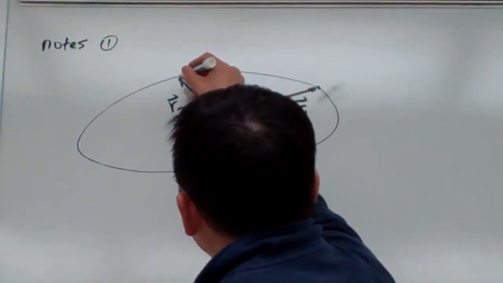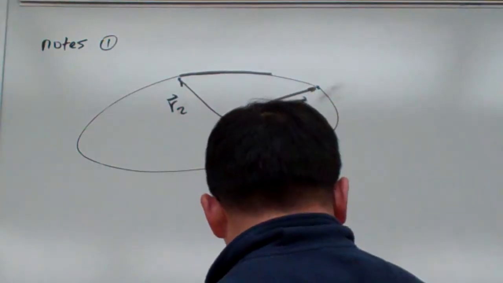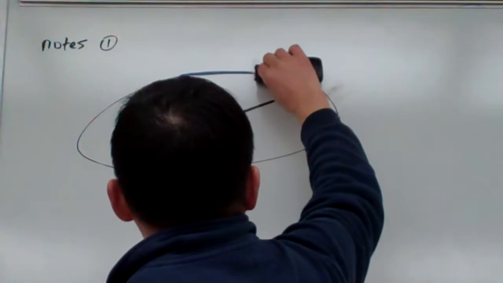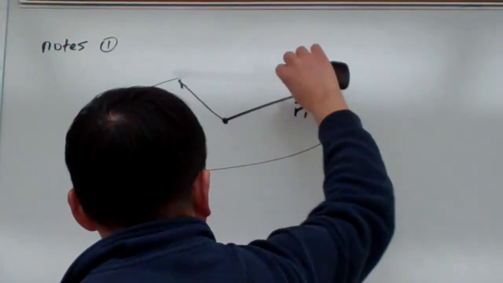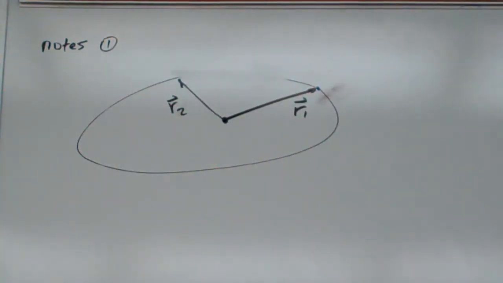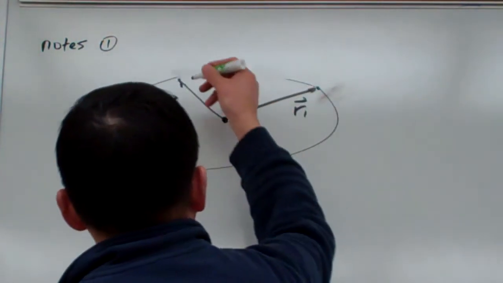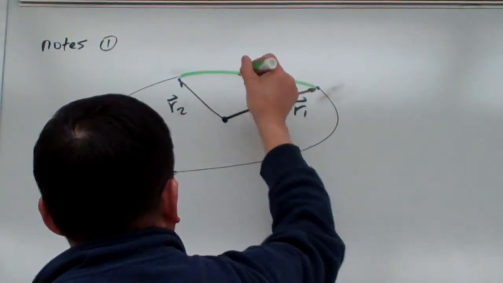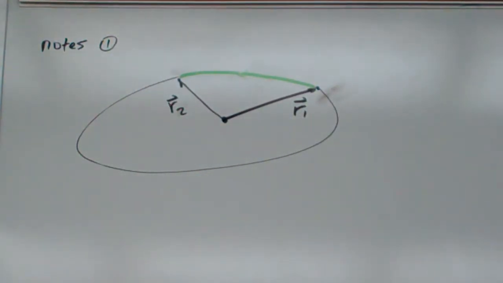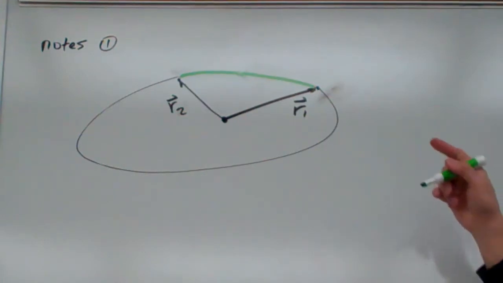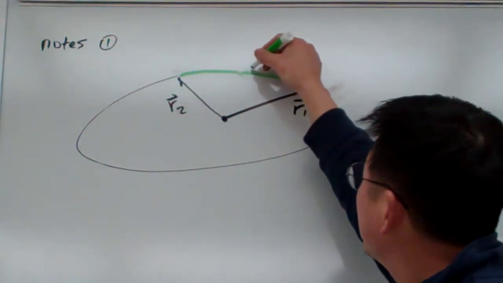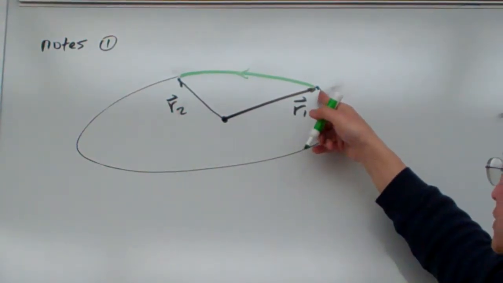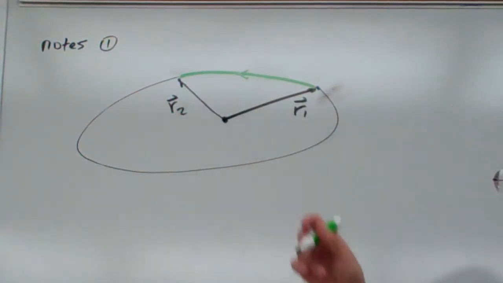One way is R1 going to R2, going in that direction. That means the movement of the spacecraft from this position to that position is in that direction.